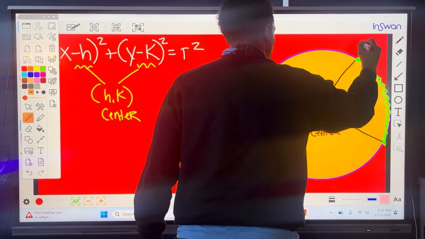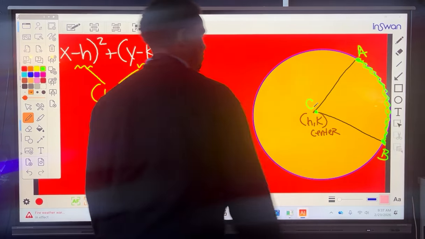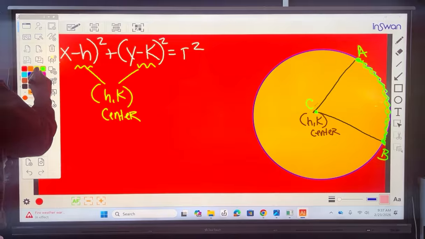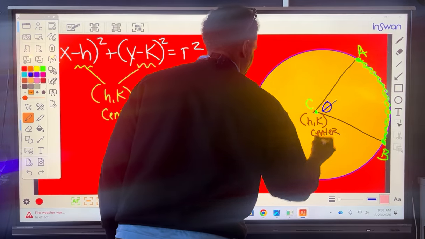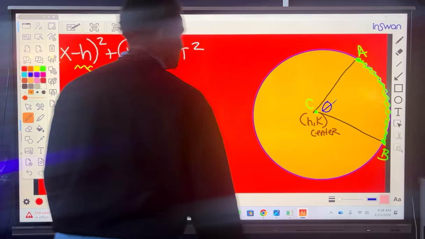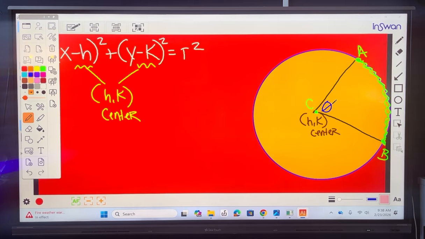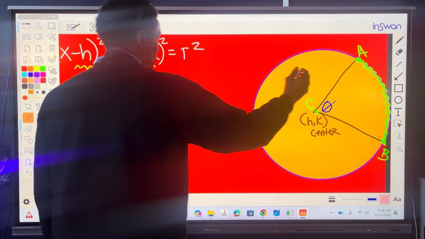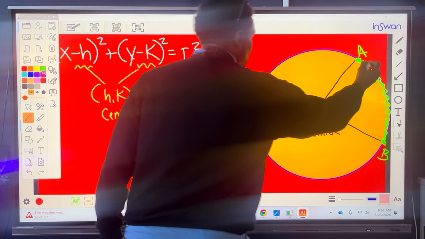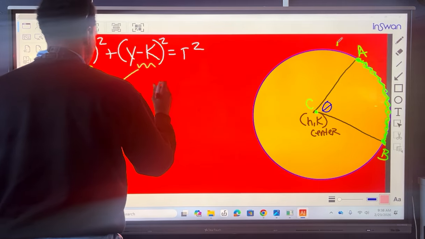And then this arc had points A, B, and let's say this center we'll call C. In the arc there was this little symbol called theta, right? And theta could be in what terms? Degrees and radians. Very good. So let's say if I wanted to know the length of this arc, you had this formula last week.